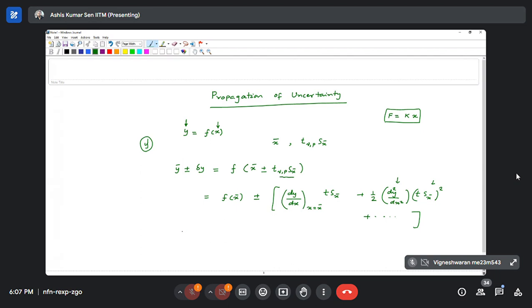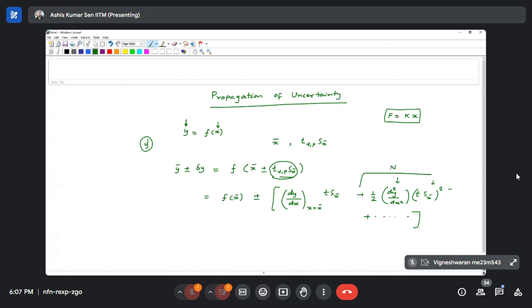Now, if you neglect the higher order terms, anything higher than the first derivative, as you go to higher terms, because this term is anyway small, if you take square and cube and fourth order and so on, they will be very small quantities.